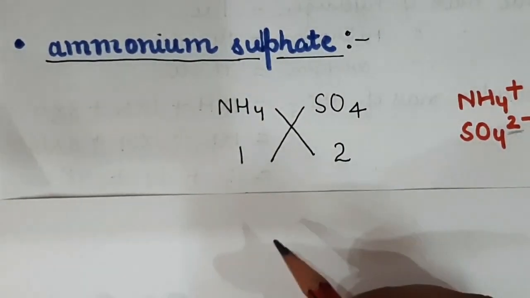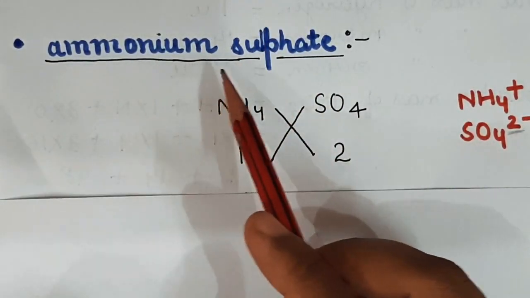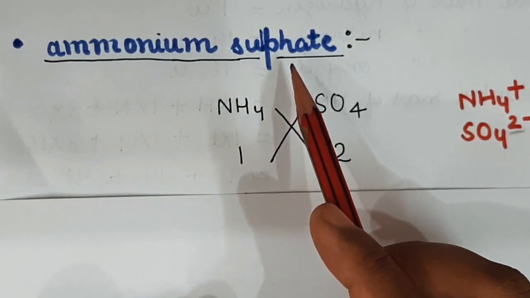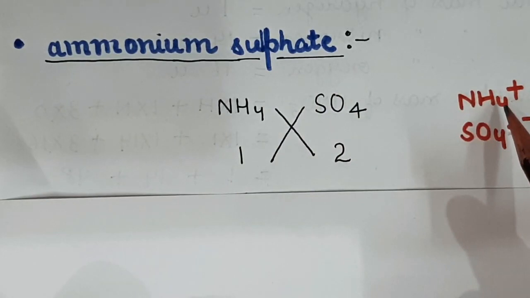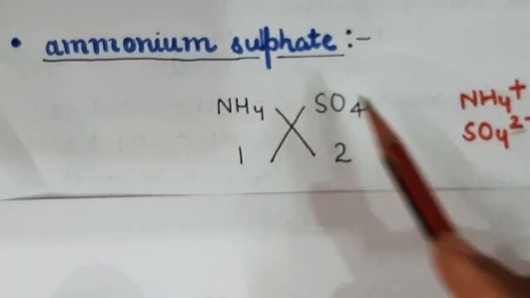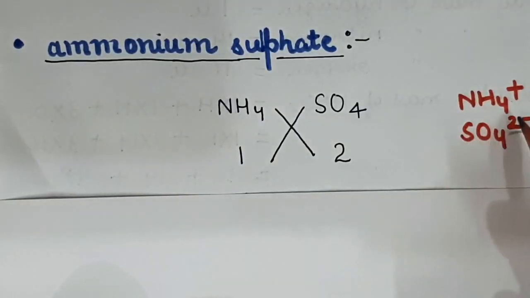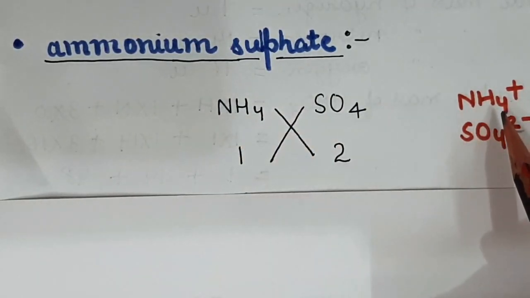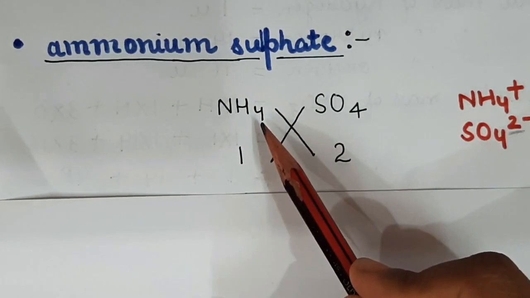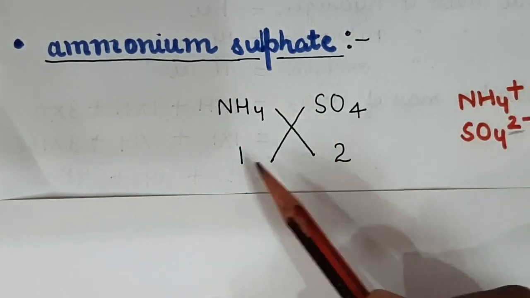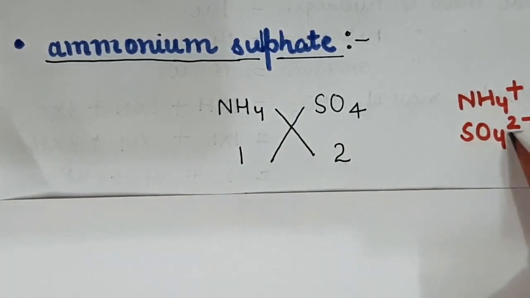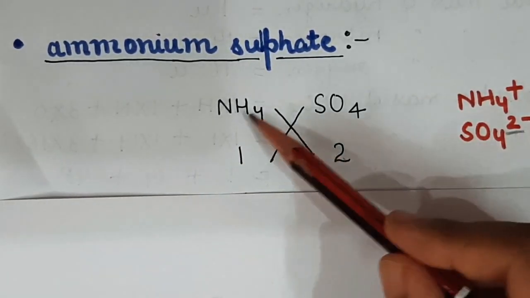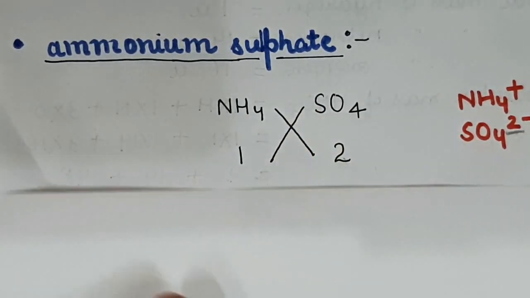Now moving on to a next example, that is ammonium sulfate. What is the formula of ammonium? It is NH4 positive. And what is the formula of sulfate? It is SO4 di negative. Okay, now ammonium. Symbol is NH4. Valency is 1. Then sulfate, symbol is SO4. Valency is 2. Now just cross multiply. So what you will get?